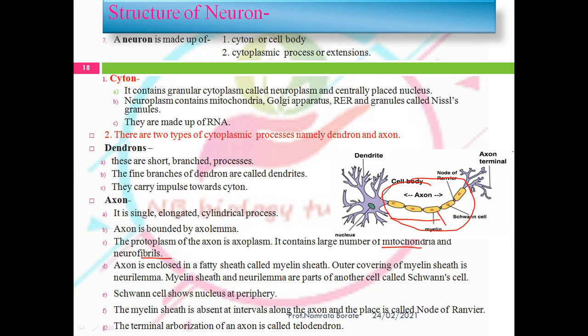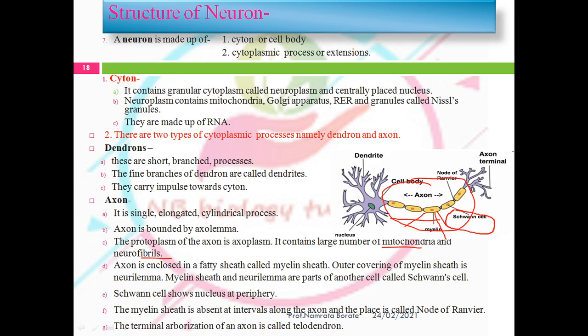The axon is enclosed in a fatty sheath. That fatty sheath is called the myelin sheath. The outer covering of the myelin sheath is called the neurolemma. The myelin sheath and the neurolemma are part of another cell called the Schwann cell.